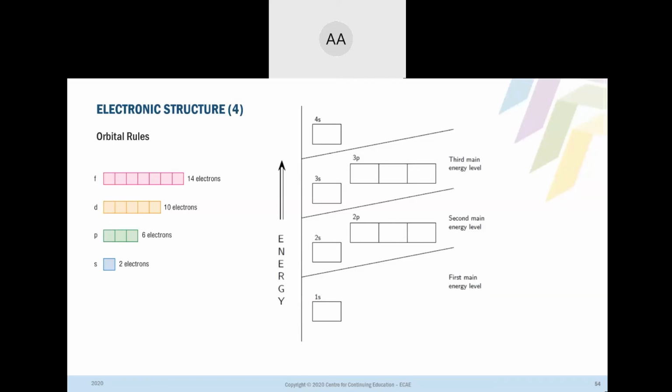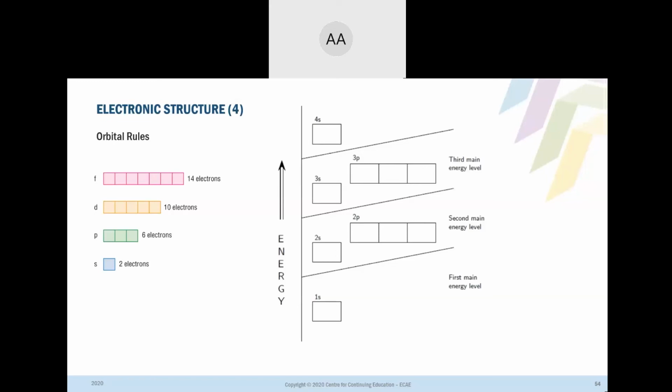So the main points to remember, as per the previous slide, are each orbital, s or p, can only hold 2 electrons. Electrons that occur together in an orbital are called an electron pair, and an electron will always try to enter the orbital of the lowest energy.